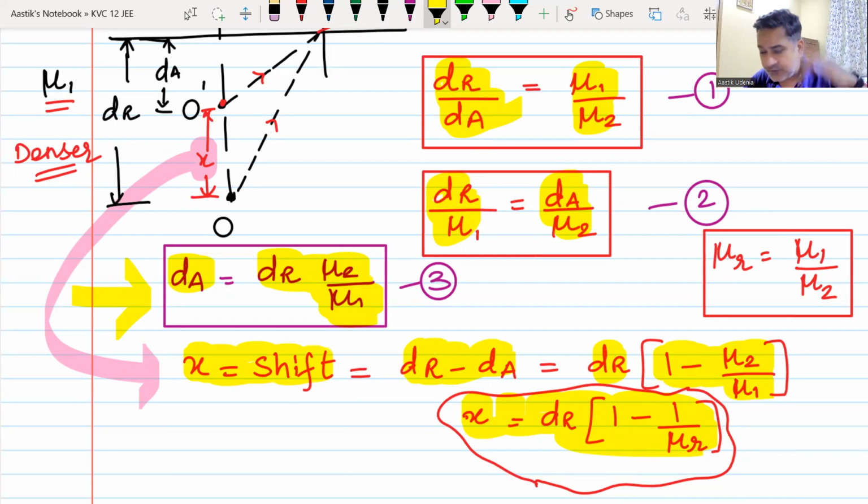So x becomes 1 minus 1 by mu r, where mu r becomes equal to mu1 by mu2. So this x, which is the shift in this case, if you compare it with the previous formula that we got for shift due to a glass slab, both the formulas are same. Do we understand this?